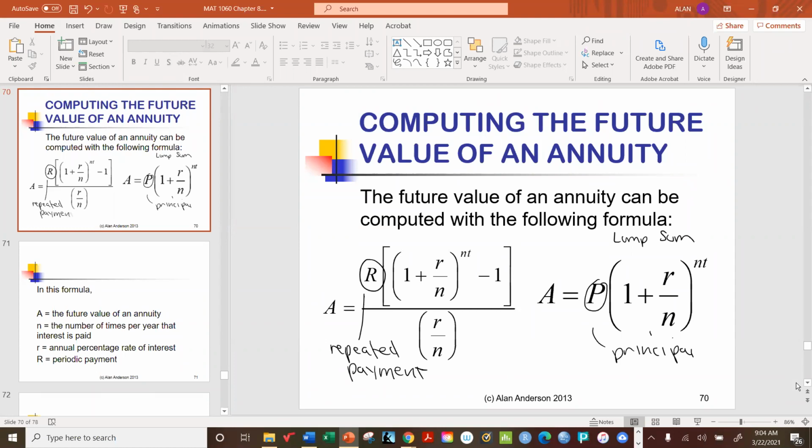And this formula on the left refers to annuities. The one on the right is for lump sums, a single payment, that is. Other than that, the differences are pretty small. I think you'll agree.